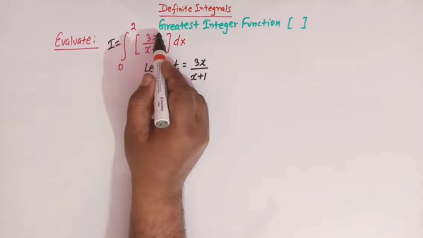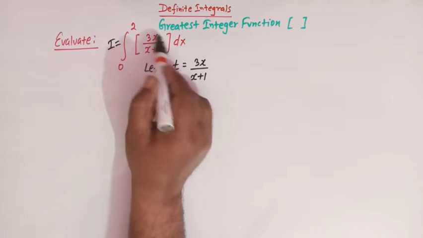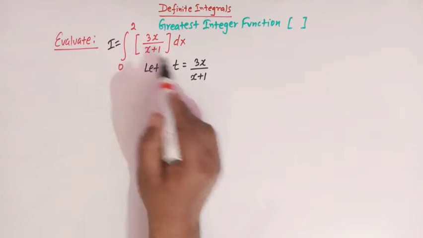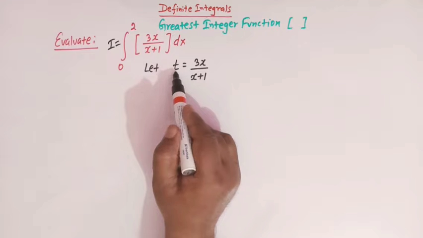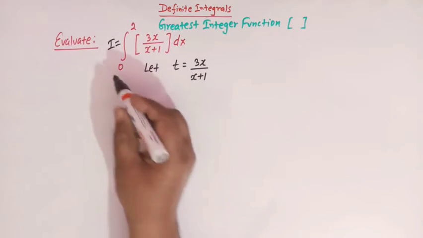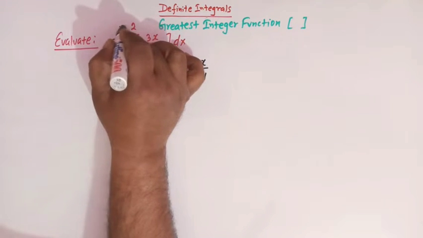This whole expression inside the bracket, the bracket denoting the greatest integer function, is taken as t. So we are changing the variable x to t, and here x varies from 0 to 2.